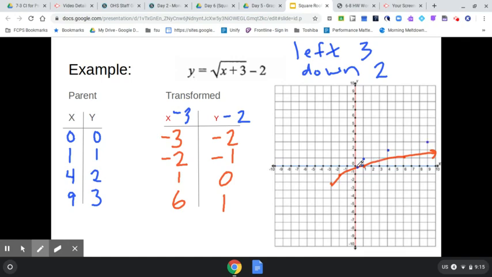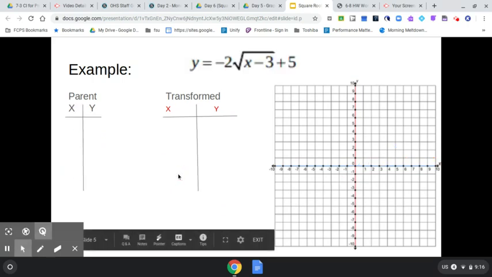So here was my original parent function. And so if we look, the parent function, the one that's in blue, has been moved left 3 units and down 2 units. And there's my transformed square root function.